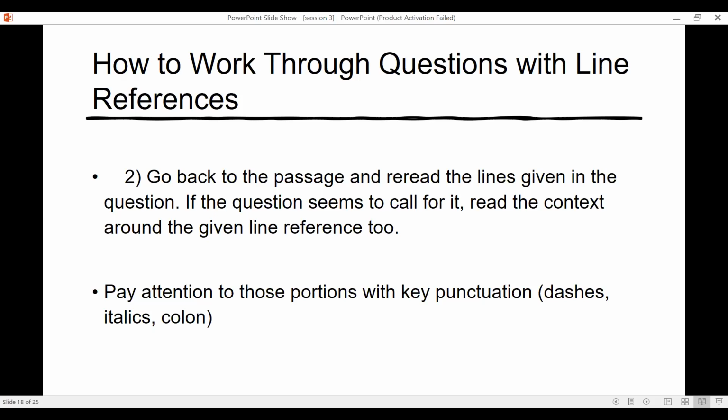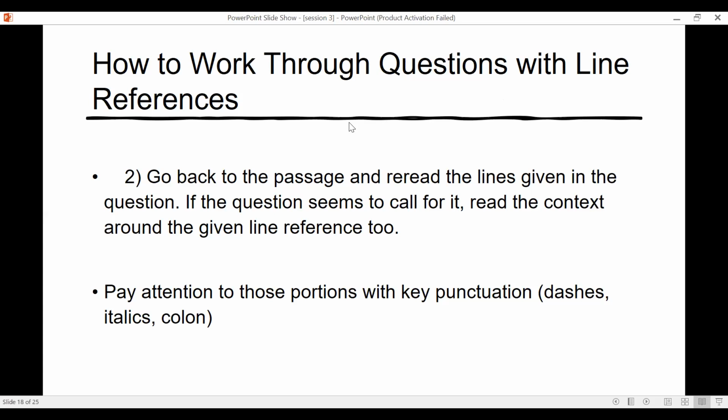But the unusual ones, the ones that you won't find frequently, like the dashes, italics and colons, usually mark certain important information that your correct answer choice might be related to. Don't forget that we are dealing with specific questions with line references.